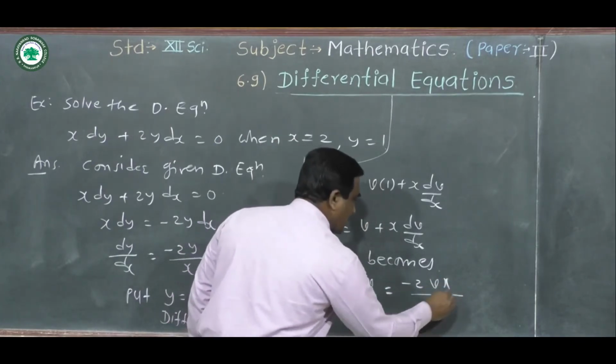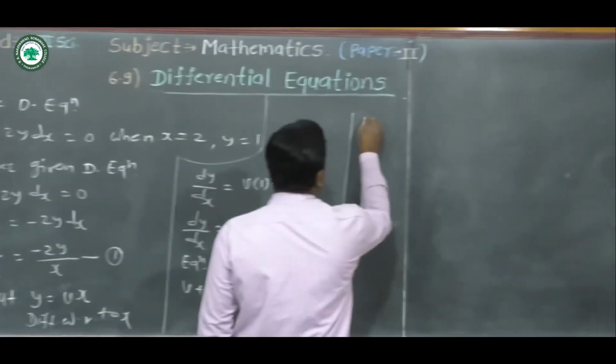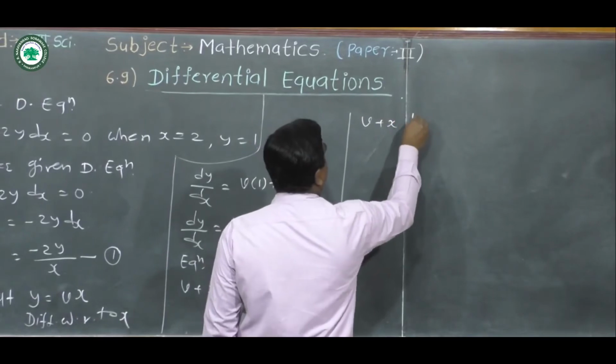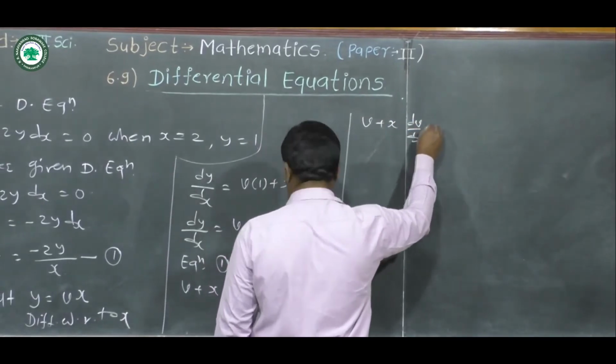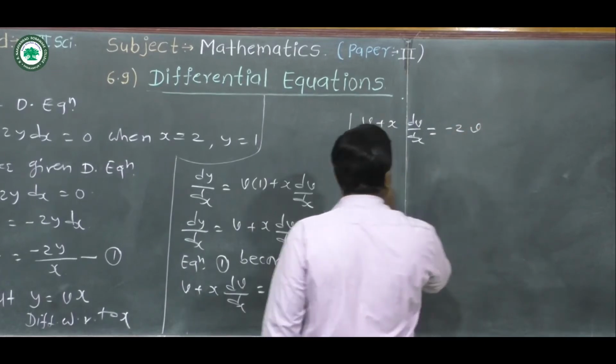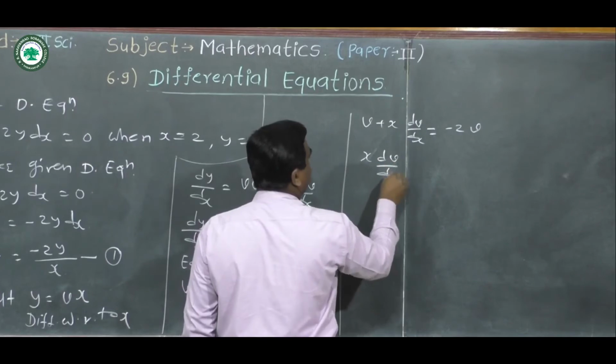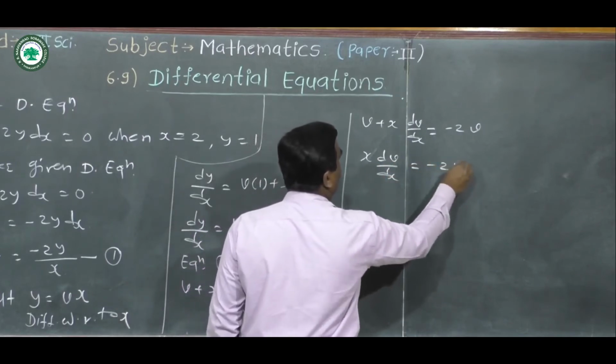Now this x cancels out. Now write down remaining terms here. v plus x into dv by dx is equal to minus 2v.